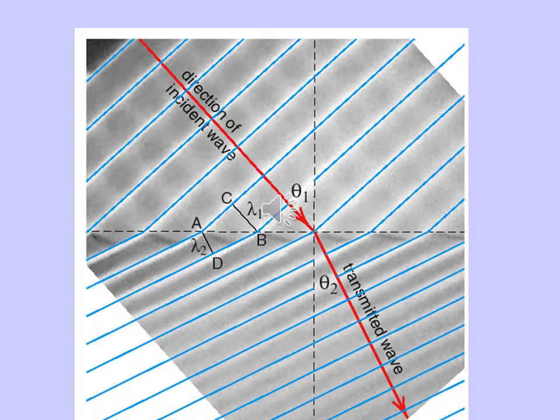Another property of light that works beautifully with the light being a wave is the change in direction when light moves from one medium to the other. This is apparent when you look, for example, at a spoon in a glass of water. The spoon, tilted on its side, looks as if it's kind of bent.